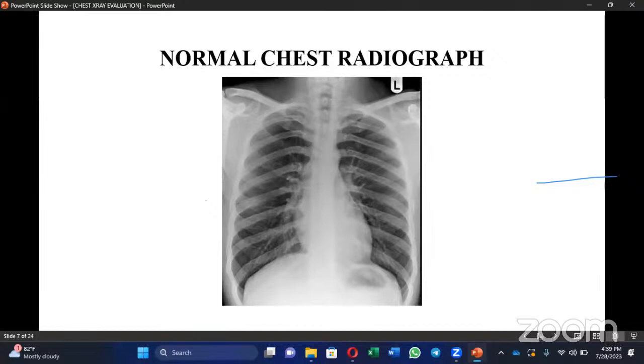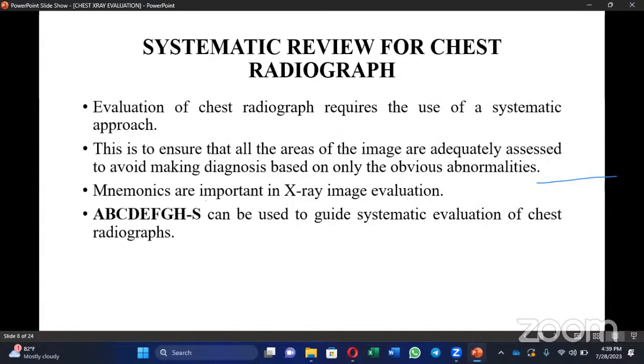At the superior border, you should be able to see the spinous process of the 6th or 7th cervical vertebra. Then you look at the lateral margins, where we have the lateral skin margins. Then at the inferior borders, you look at the costophrenic angles. They should always be present. They are very important.